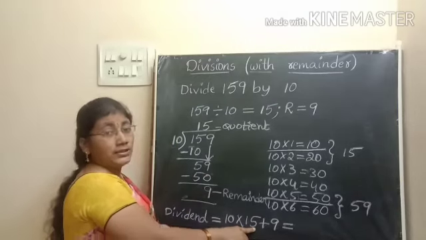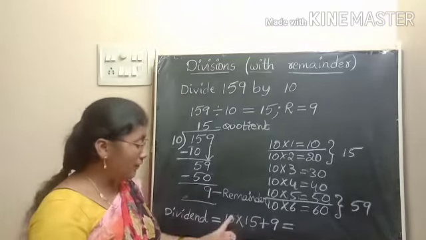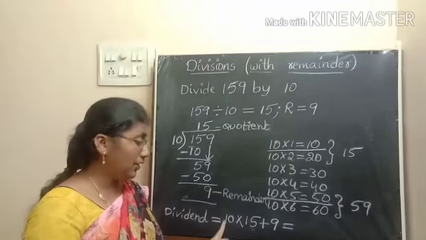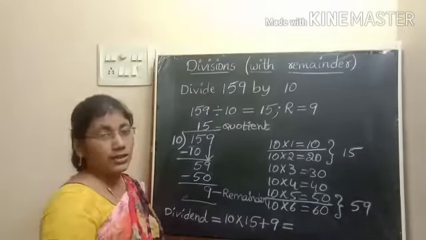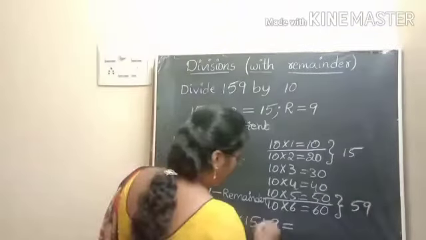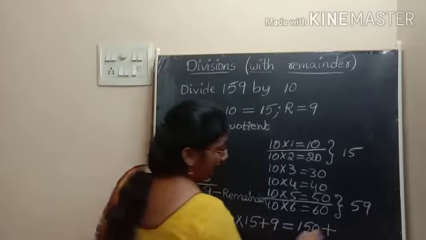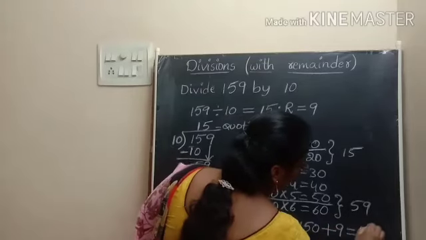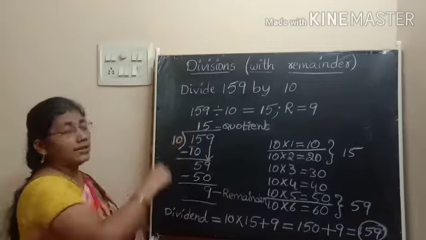Already we know how to multiply a number with multiples of tens. Simply we write 0 after multiplying with 1. 1 into 15 is 15, just write 0 there. So 10 into 15 is 150, plus 9 is 159. So this is our dividend.